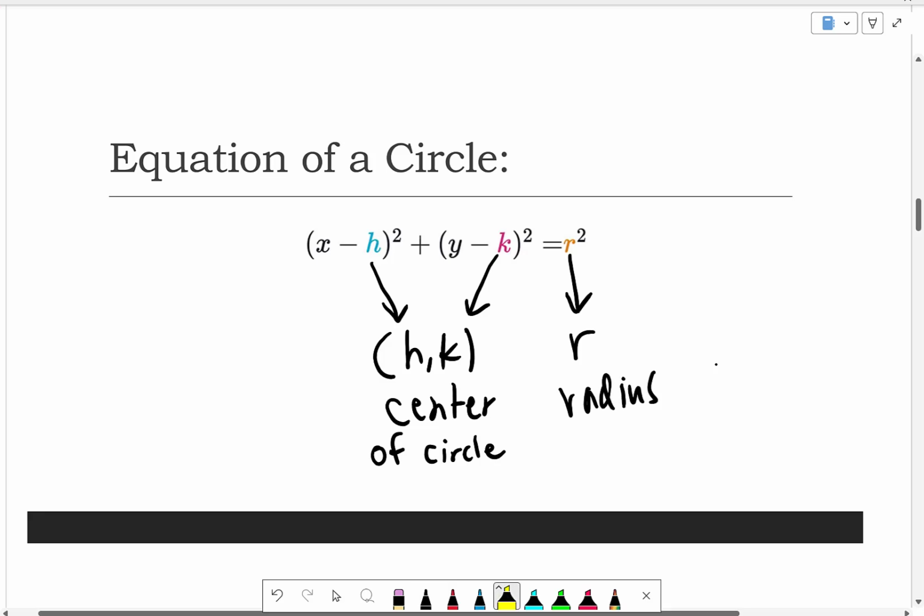So just remember, we always need x in the formula first, and then we need y. And then we need the radius. Okay? We also have squares. So this is squared, and this is squared. We also have minus, then we have a plus sign, and then a minus. And now we'll go into an example.